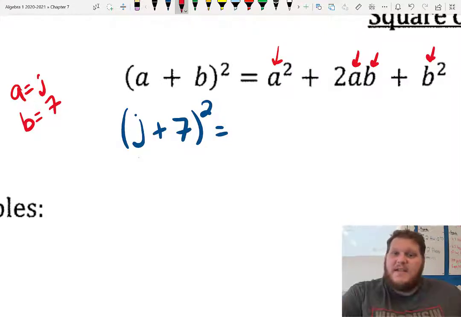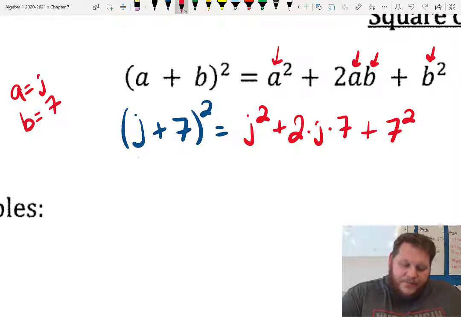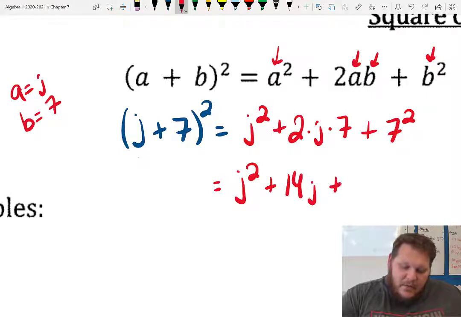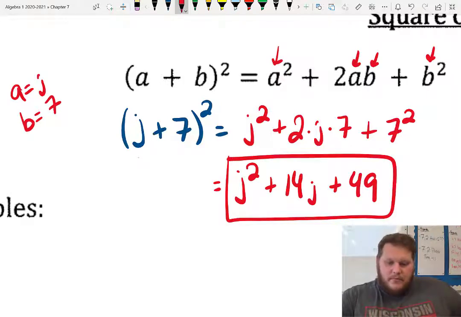That's the process that I'm doing to evaluate here. So I'd end up with j squared plus 2 times j times 7 plus 7 squared. As I go through and simplify, j squared plus 14j plus 49. And that would be my final simplification for that one.